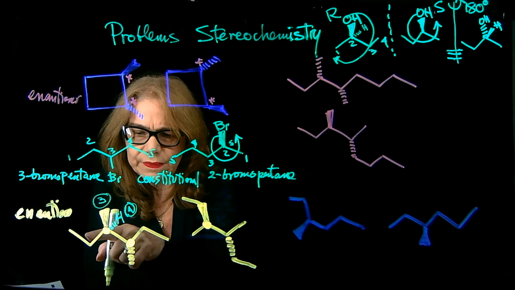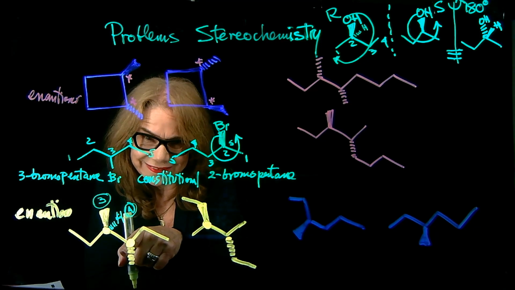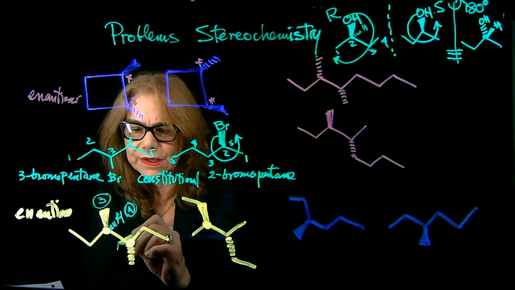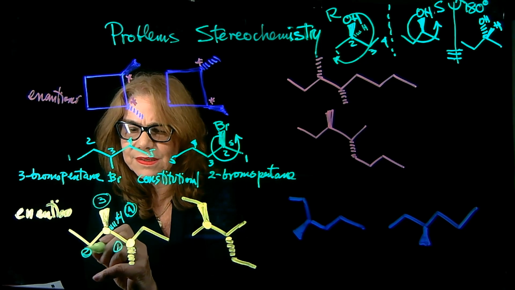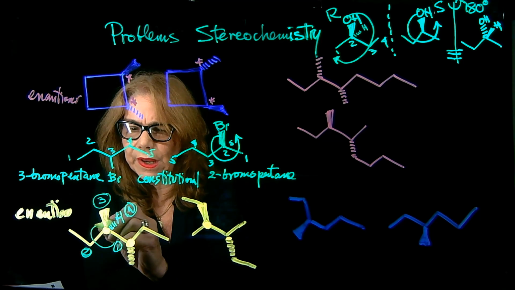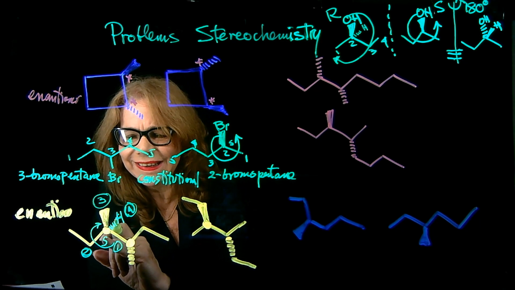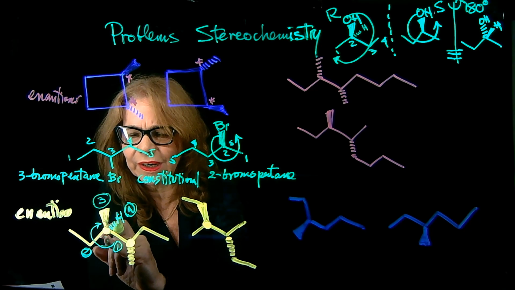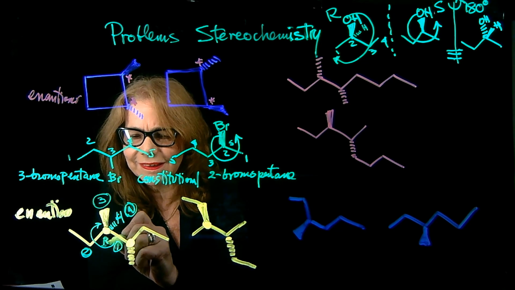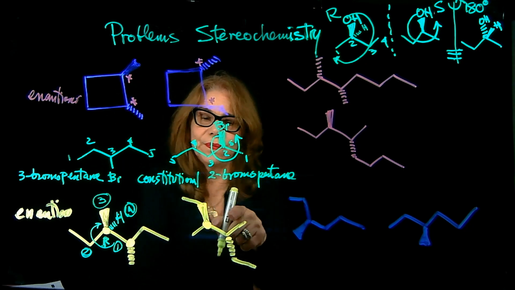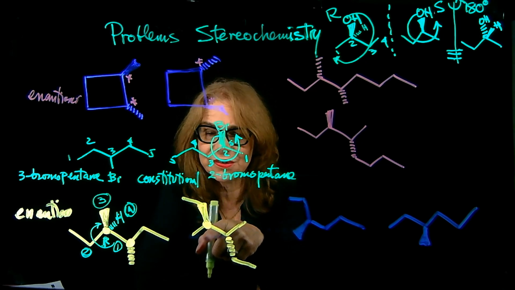In between these two, this one on the side has higher priority. So I'm going to do 1, 2, and 3. So this center is R. So there's got to be the opposite, and let's do it.